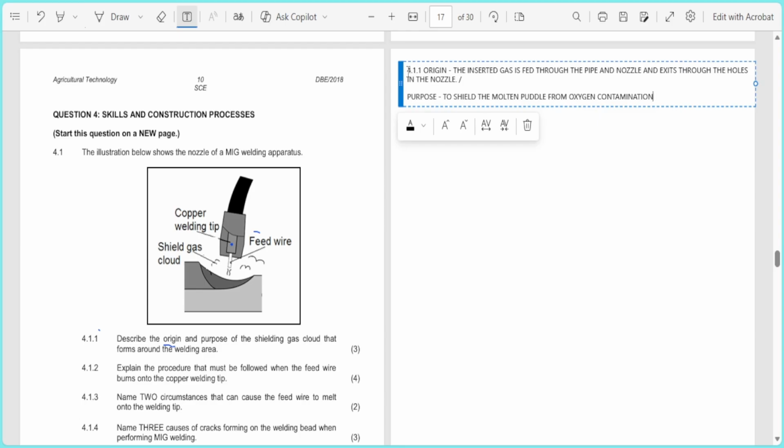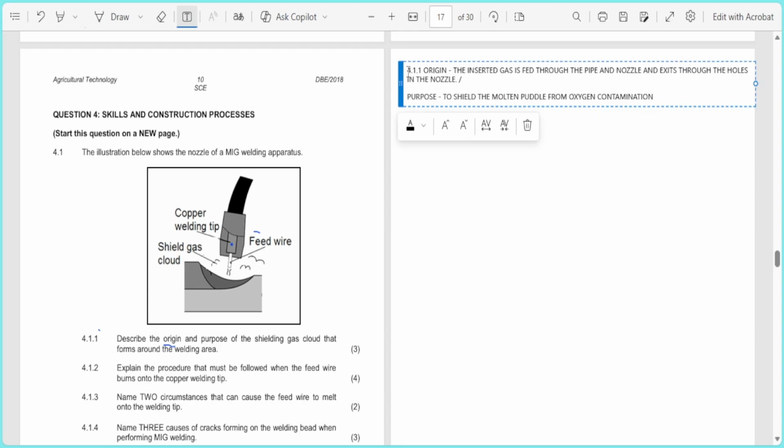It's there, but not clearly visible. And that cloud created around the welding area is not just for show. It has importance.